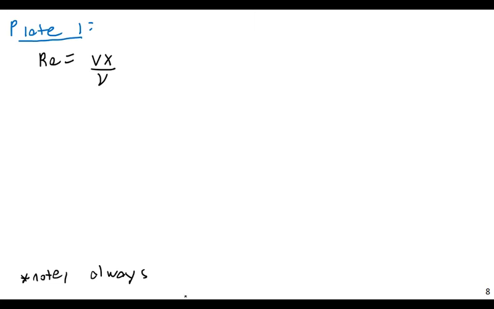I'm trying to think if I can come up with a better example. I think it's actually the relative velocity that is more important for calculating the Reynolds number. I'm going to use V here, but that's only because the plate is stationary.